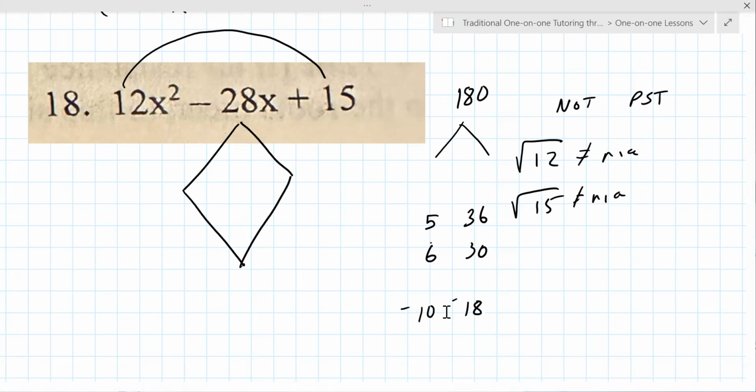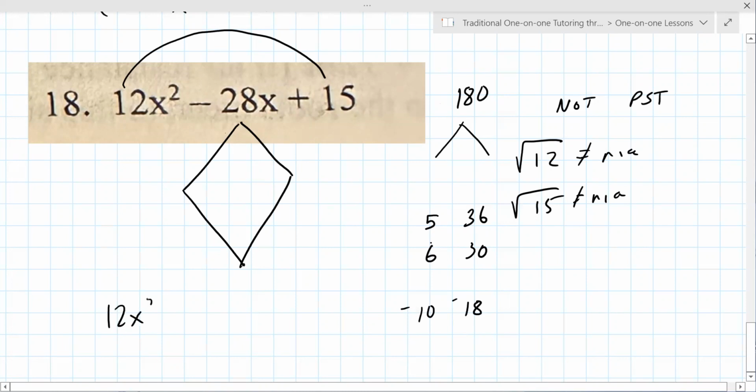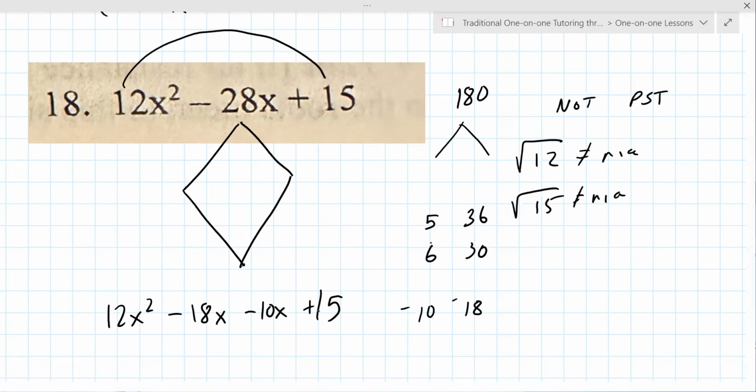Okay. So once you get that, you can then break it apart. Now, do you want to go minus 18x, minus 10x, or which order do you like better? Minus 18, minus 10. Okay, so 12x squared minus 18x minus 10x plus 15. I want you to factor it.